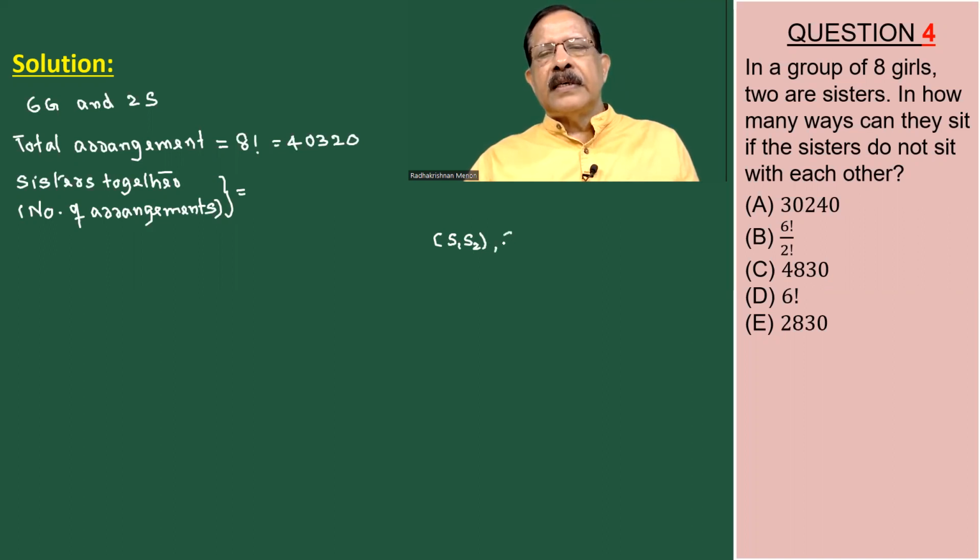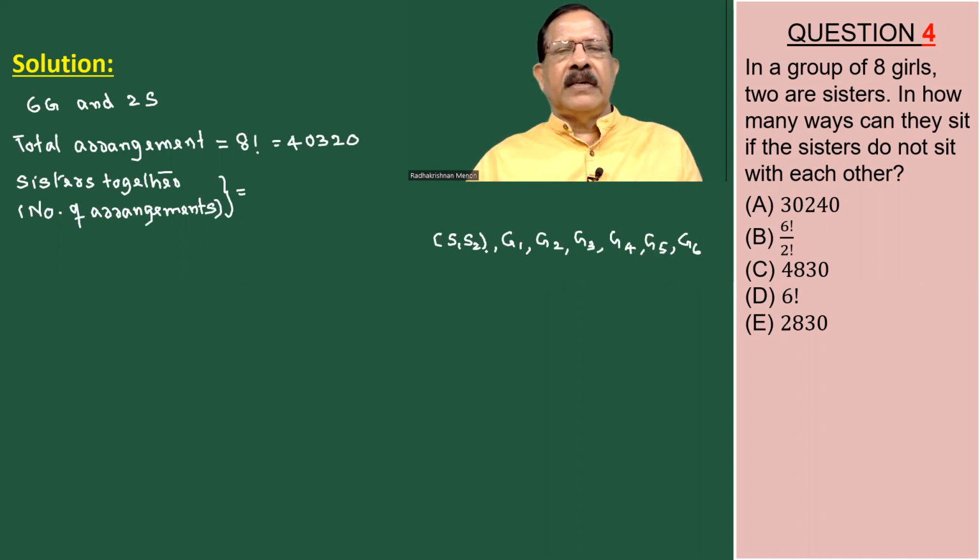Now the 6 girls, G1, G2, G3, G4, G5, G6. Now there are 7 units: sisters together as 1, then 2, 3, 4, 5, 6, 7.